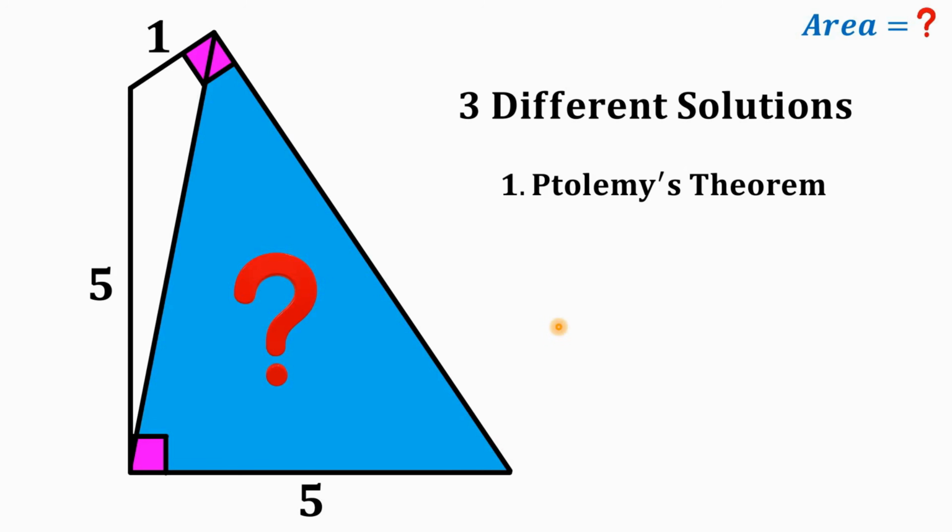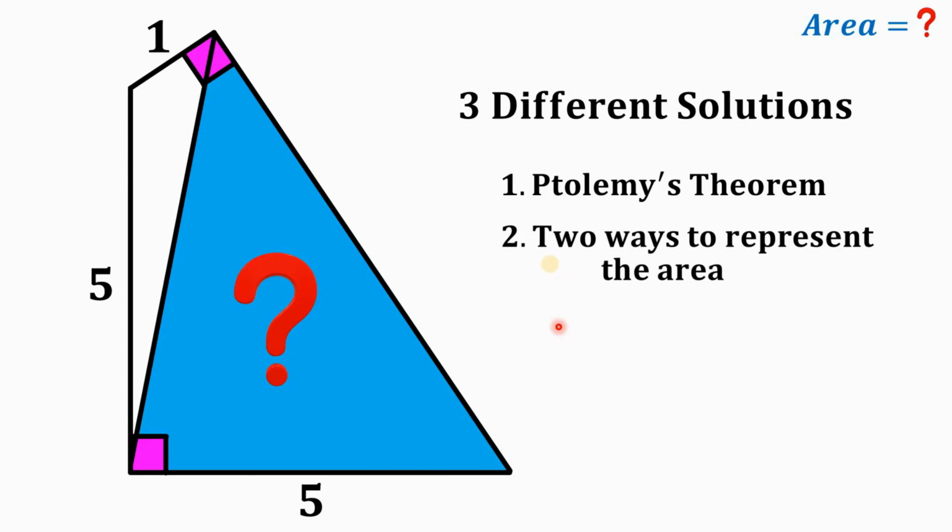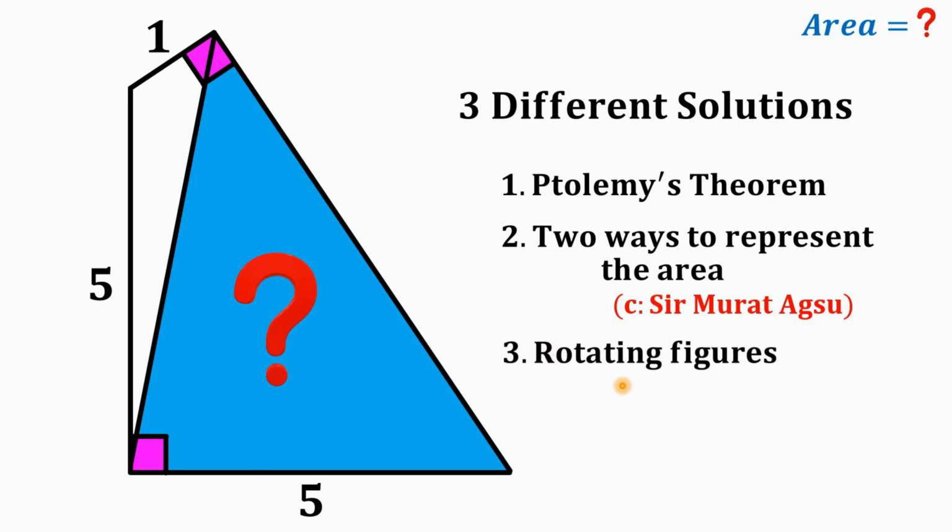The next solution is from our friend, where we represent the area of this whole quadrilateral in 2 different ways, and that is from Sir Murat Agsu. So thank you, sir, for sharing your solution. And the third one is my favorite, rotating figures. We can solve this question mentally if we know how to rotate some figures. Alright, so let's start with the first method, Ptolemy's theorem.